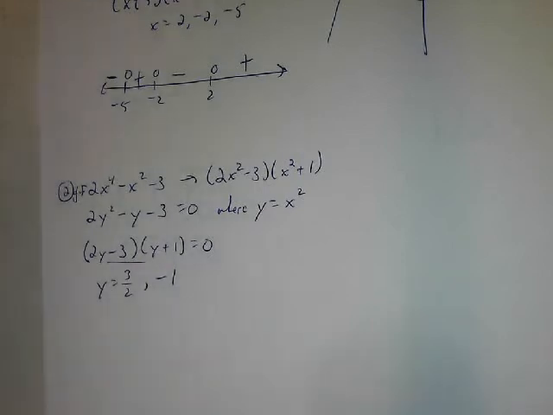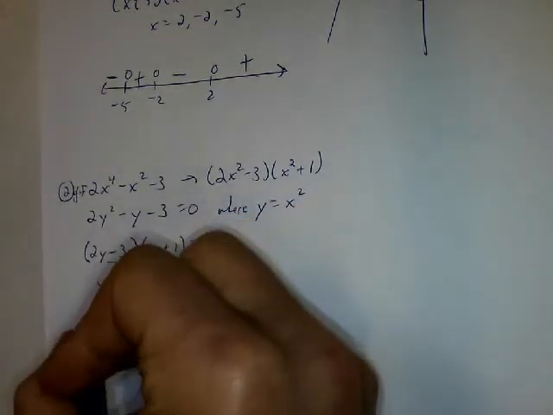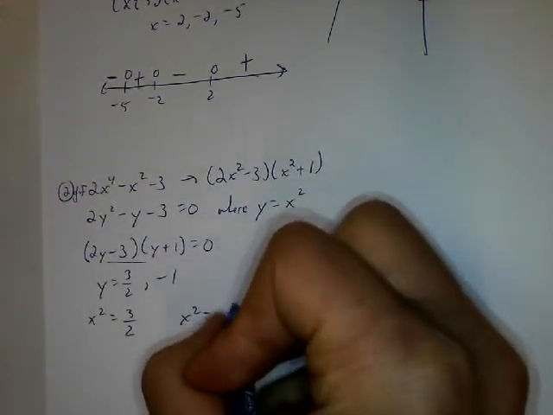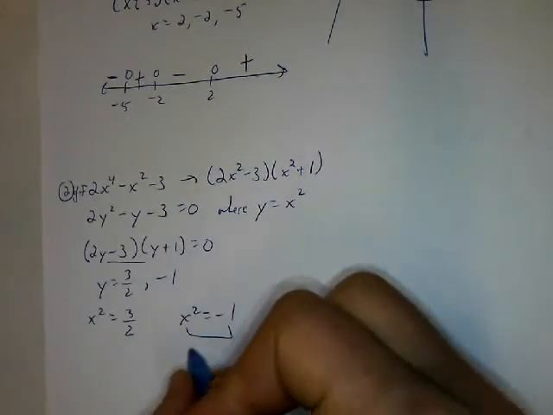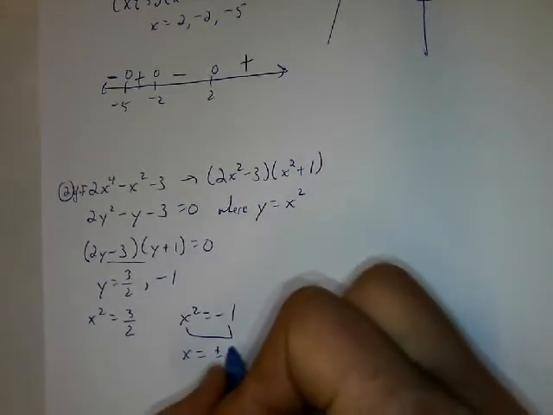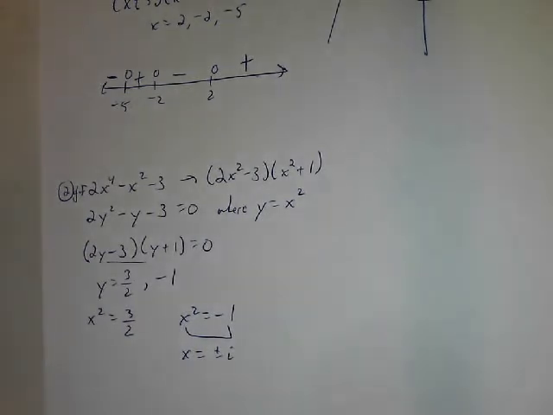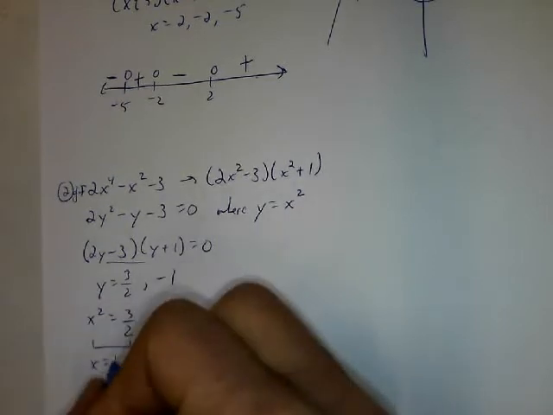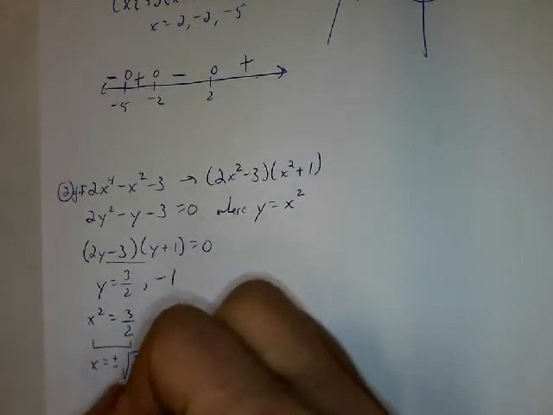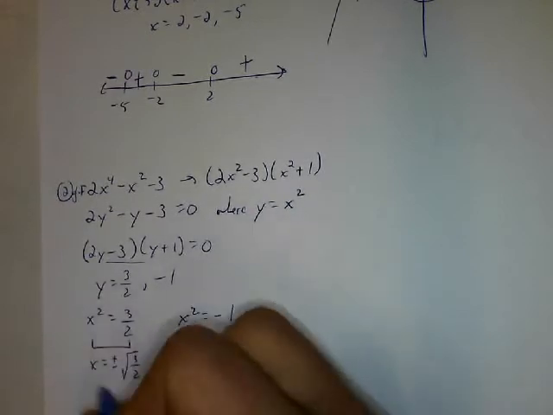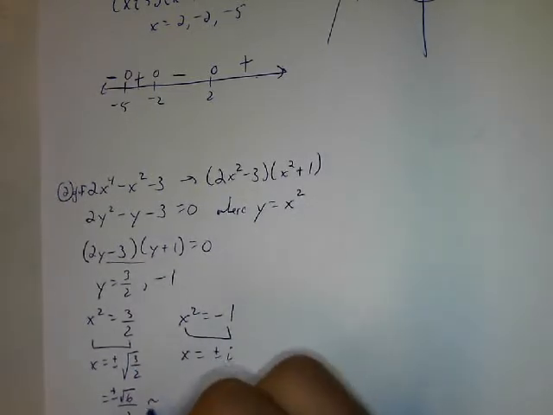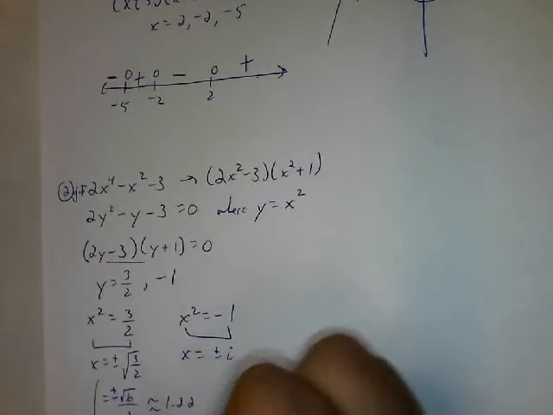So when we solve this, we now have x squared is equal to 3 halves, and we have x squared is equal to negative 1. This here, when we take the square root, we get plus or minus i, so we get 2 imaginary roots. So those will not show up on the graph. Over here, we get x equals plus or minus the square root of 3 over 2, which if we rationalize that, we get the square root of 6 over 2, plus or minus, which is approximately 1.22.